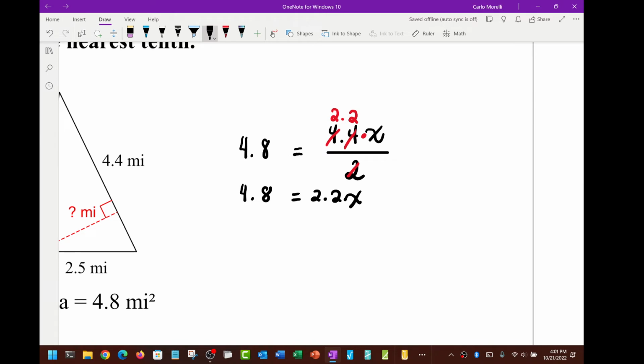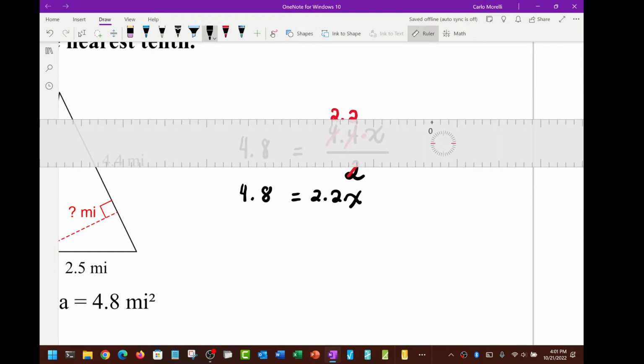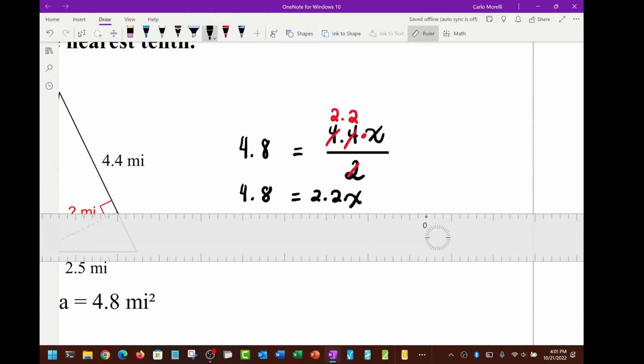Okay, and what I'm going to do now is divide both sides by 2.2. Only this time I'm going to use a different method of division. I'll use fractional division instead of long division.